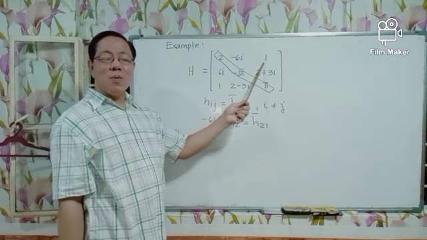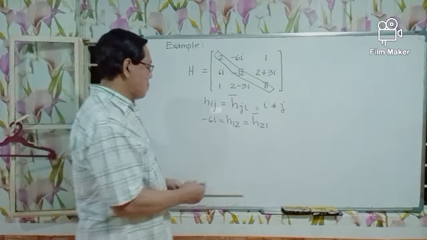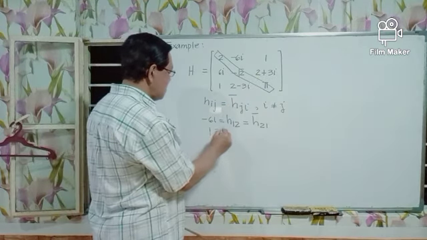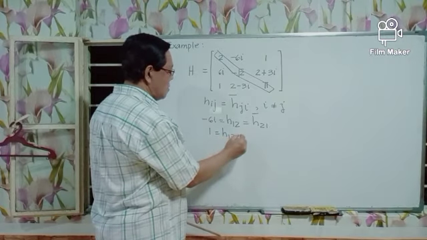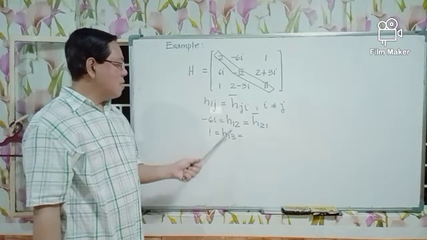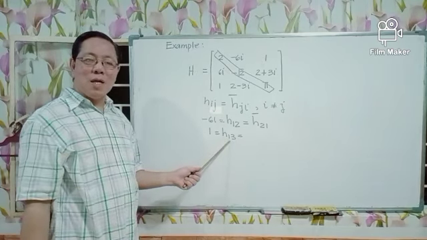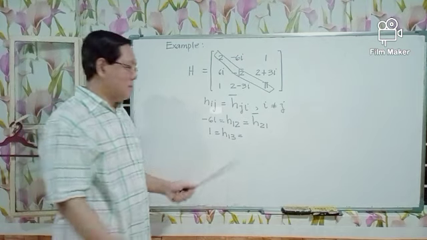Now, this entry 1 is the entry in the first row and third column. And we have to check if this is a Hermitian matrix. We have to check that this entry H13 is equal to the conjugate of the entry H31.